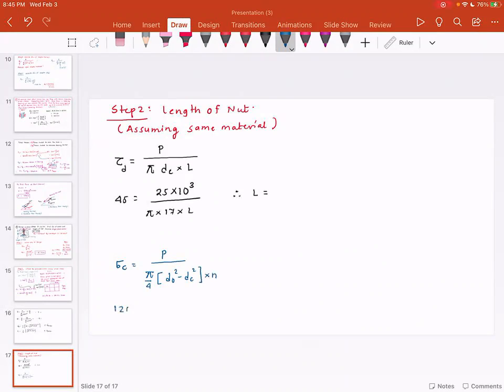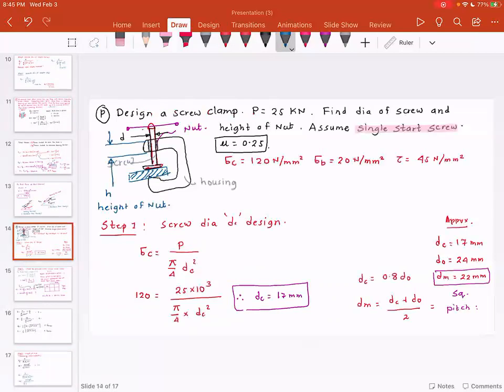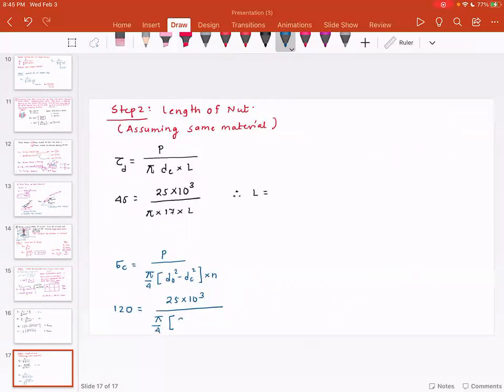So crushing strength is 120. P value is 25 times 10 to the power 3 divided by pi by 4. Outside diameter, you already know, which is 24 millimeter, minus 17 square multiplied by n. That gives me the value of n.